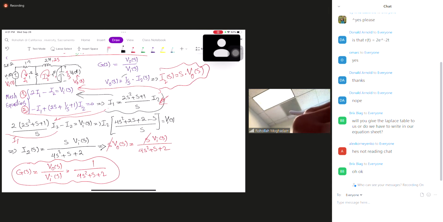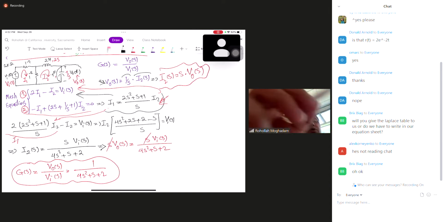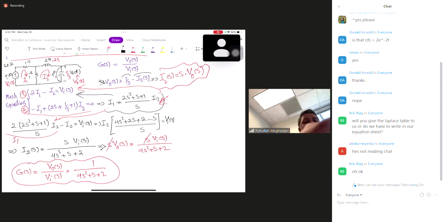So VO of s is 1 over s times the current of the capacitor. That is what we have found. This is a relation between VO of s and I2 of s. Now, if you multiply both sides of the equation by s, then I2 of s becomes s times VO of s. Does it make sense?